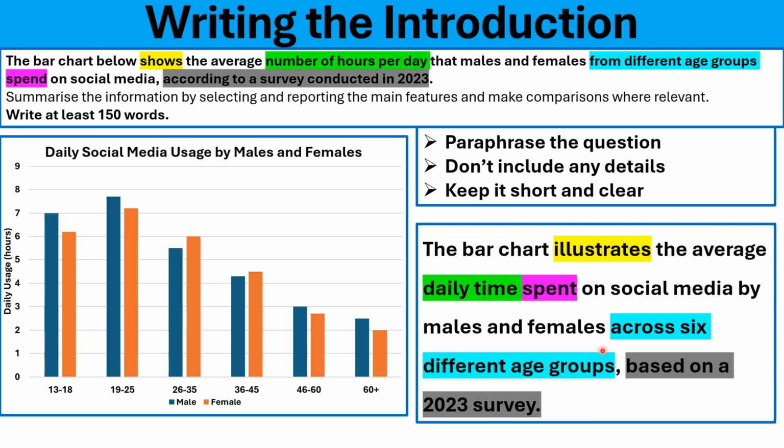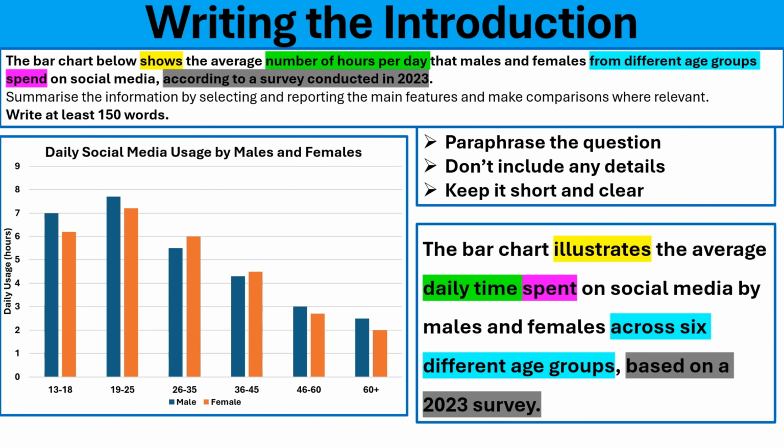Then, the verb spend is changed to spent to reflect the 2023 survey data. Finally, according to a survey conducted in 2023, becomes based on a 2023 survey to give a clear context about when the data was collected. These small changes help create a strong and well-structured introduction without copying the original wording.